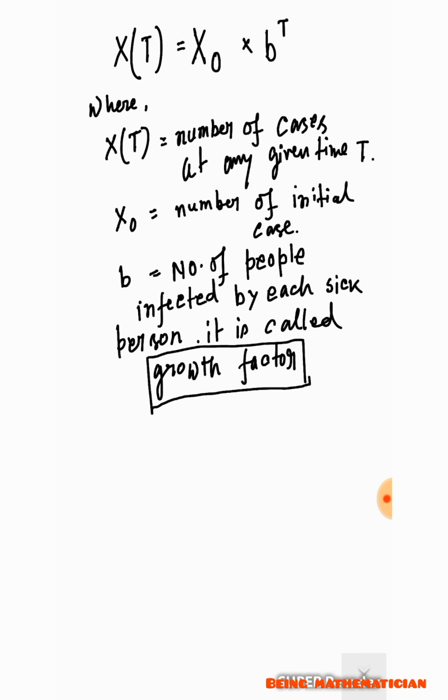So let's see in detail for 14 days of an epidemic. Let x0 be 1.